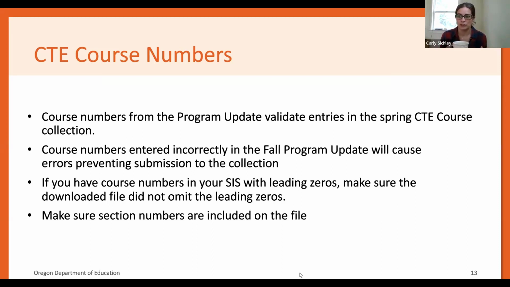If no section number is utilized, then it's likely the collection will deduplicate those records because it thinks they are the same. So it's really important to utilize section numbers on the file, if your system uses them, to help with any potential deduplication that might happen.